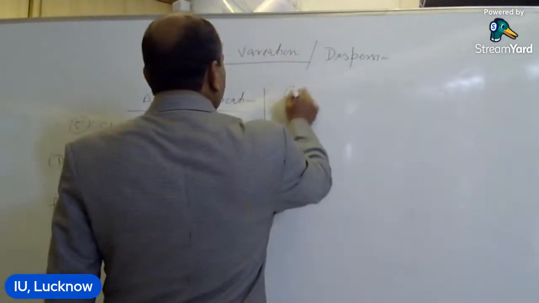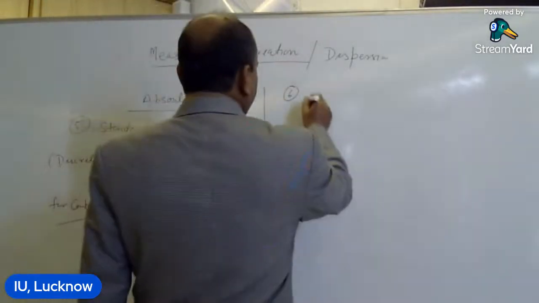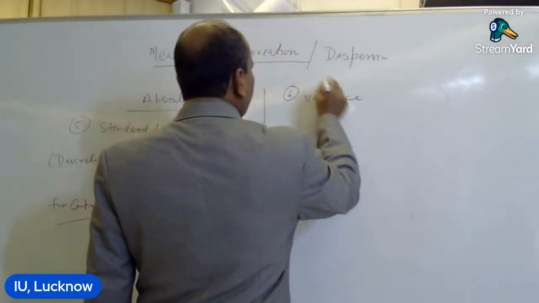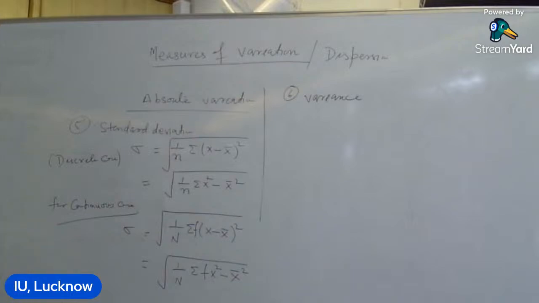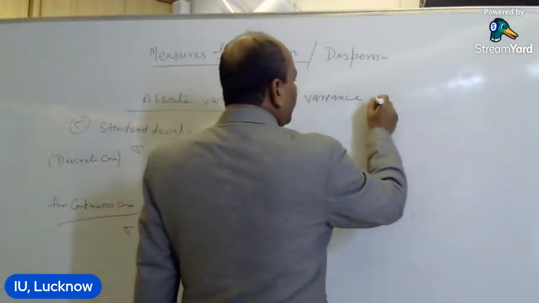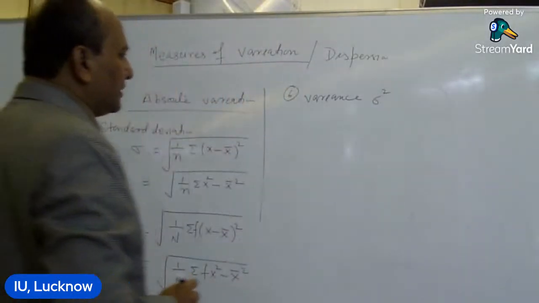And the sixth one is variance. Variance is nothing but the square of the standard deviation.